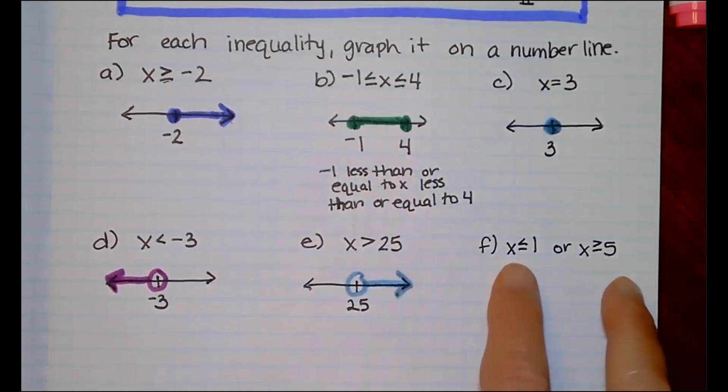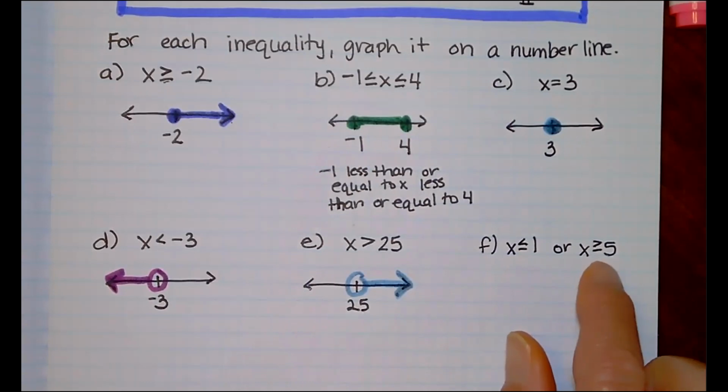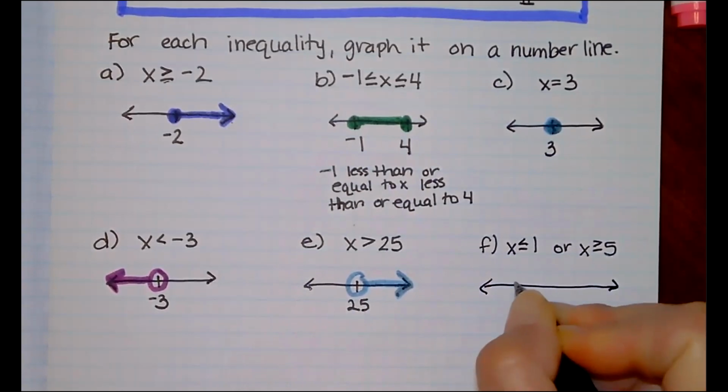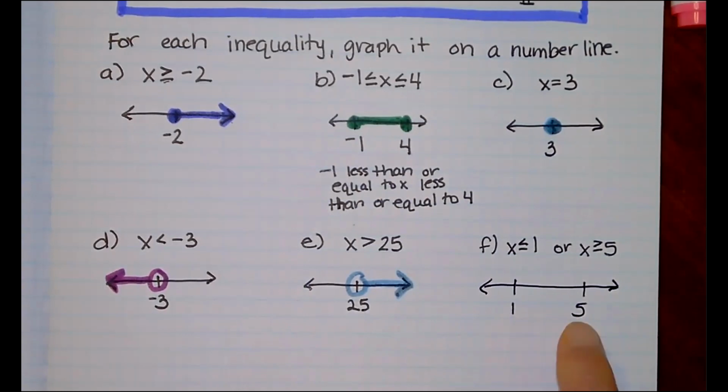Here, we have a situation where we want x is smaller than 1 or equal to 1, or they could also be greater than or equal to 5. So for this one, I'm going to have 1 and 5. And always make sure you're putting them in the right order, smallest to largest.